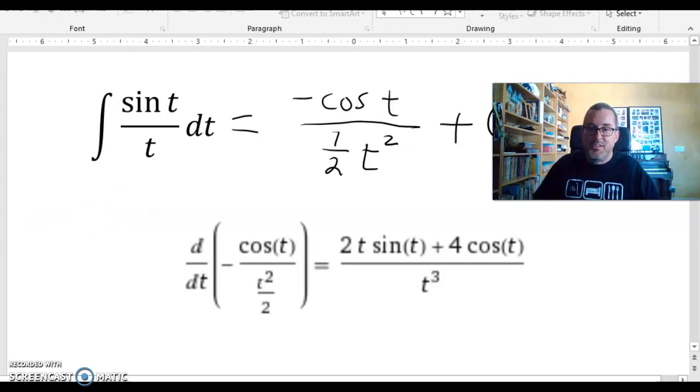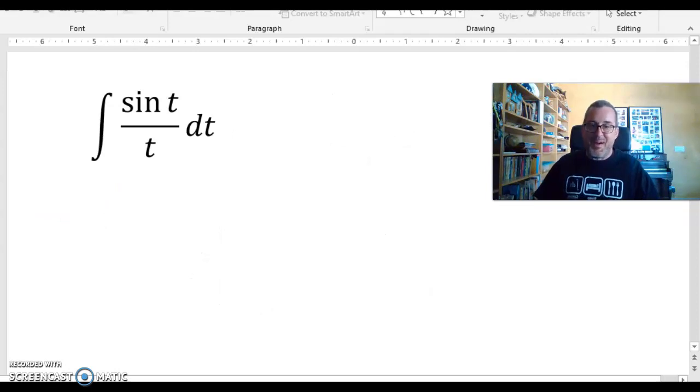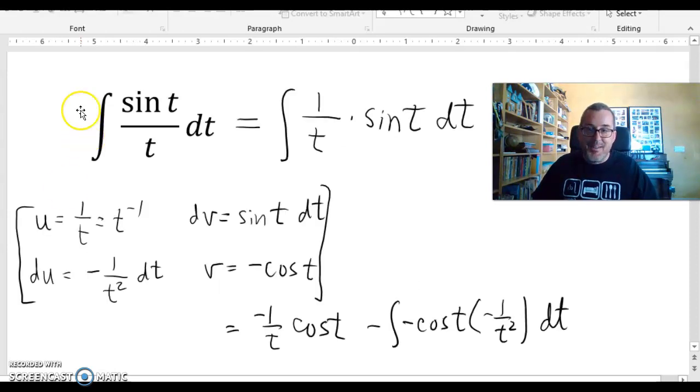Then sometimes students, if you were in the classroom and I was bugging you about this, would try integration by parts. They would think of this as 1 over t times sine t, u times dv, and go through the whole integration by parts business. You can pause here and see, but the point is this: u times v minus the integral of v du.